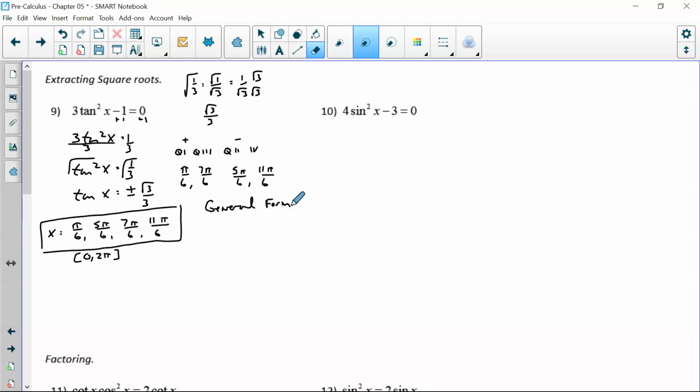Now, if we want to think about the general form, all of the solutions, think about where we're at. For our positive, we're in quadrant 1. Here's our pi over 6. And in quadrant 3, 7 pi over 6. Those are all n pi apart.